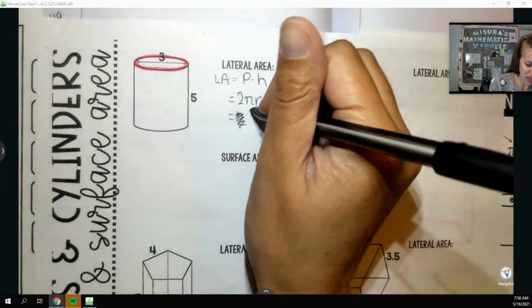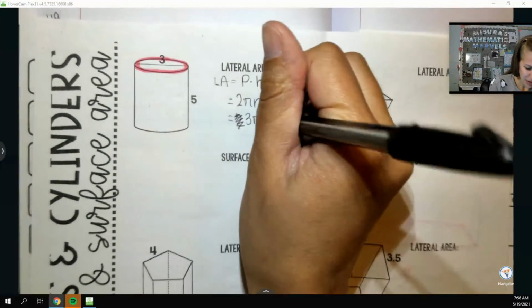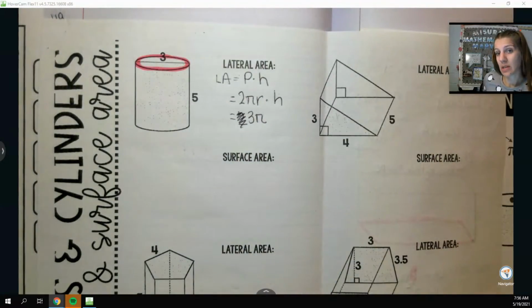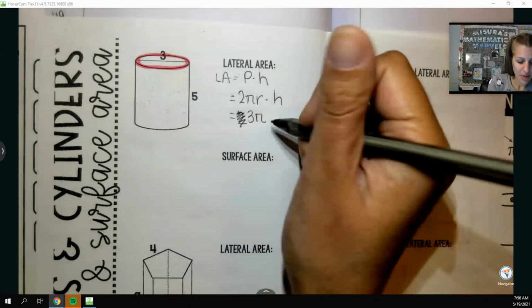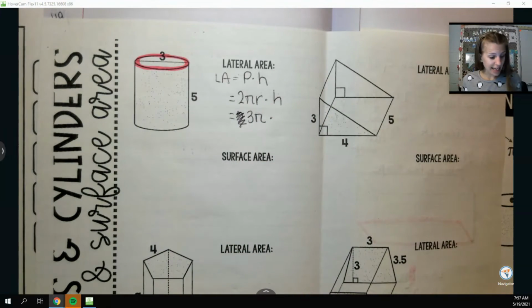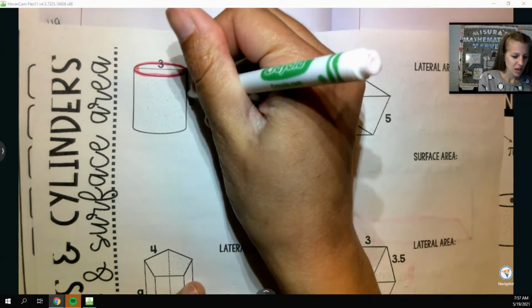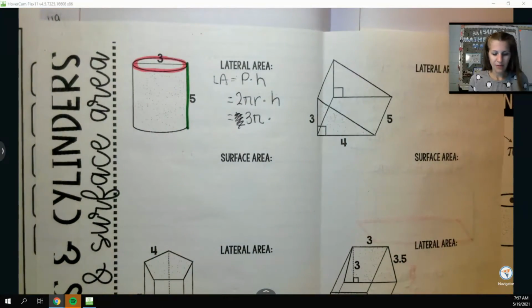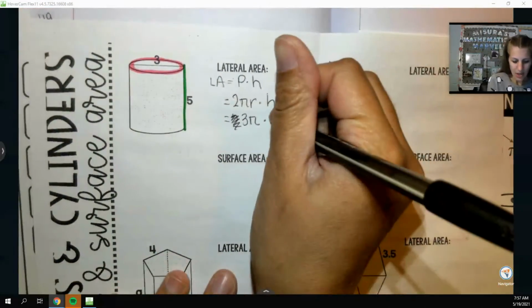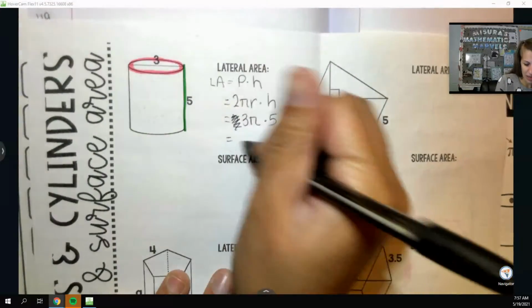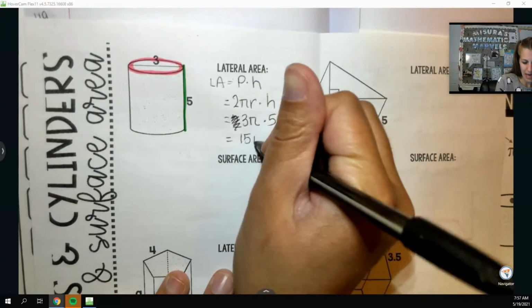So we can just use the 3 for diameter, because circumference is also d pi. Then for height, we want the height of the prism. So height from base to base. So this time from circle to circle, which is 5. So all in all, my lateral area here is 15 pi.